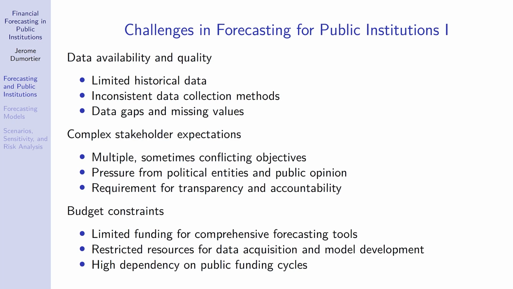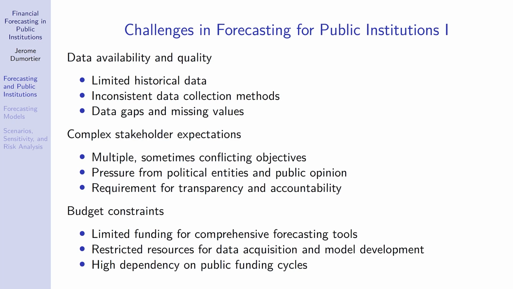And even if you have collected the historical data, there may still be inconsistencies about data collection methods. For example, you have changed your method of how you collect the data, and this can lead to data gaps and missing values.